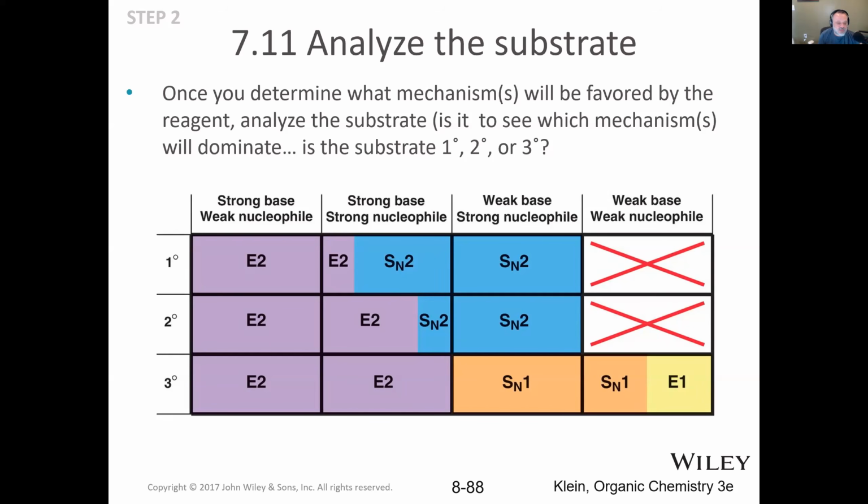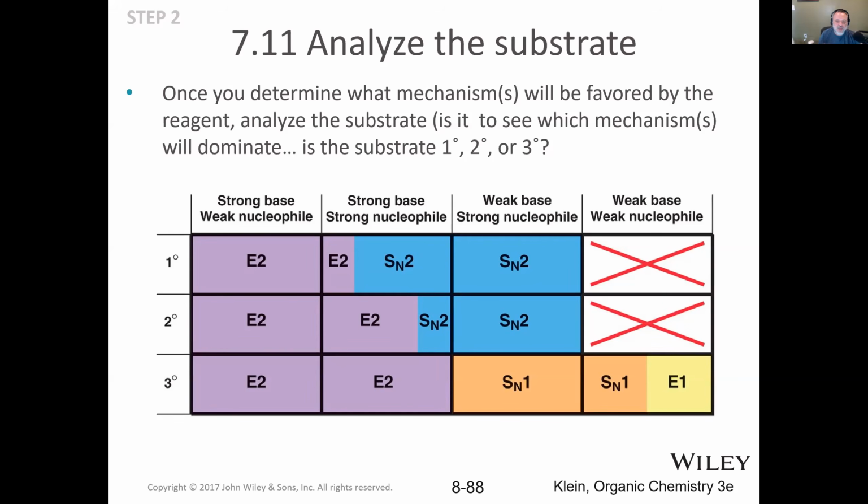But conversely, if you take that same tertiary substrate and you mix it with a weak base or a weak nucleophile like water or ethanol, then you see the same sort of product distribution that we saw earlier. You get a pretty good mix of SN1 and E1.